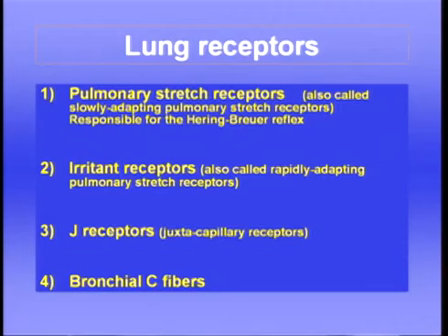Now, there's a classical reflex that should be mentioned. That's called the Hering-Breuer reflex. And the Hering-Breuer reflex has to do with the fact that if you inflate the lung, then you inhibit further inflation. The animal will stop breathing sometimes.